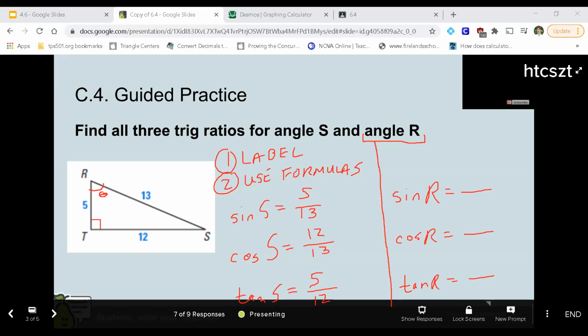Which one would you say is opposite angle R? That's right. Hypotenuse? That's right. So the sine of R will be 12 over 15. Which one's the adjacent? That's right. So cosine then would be 5 over 13.